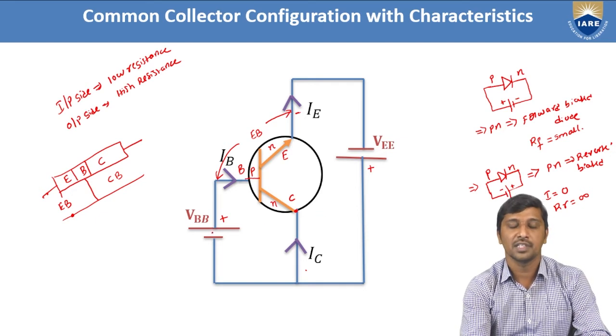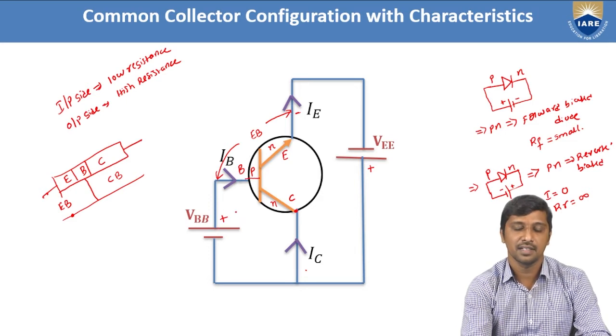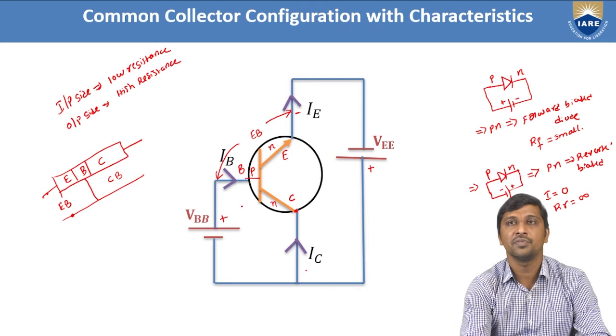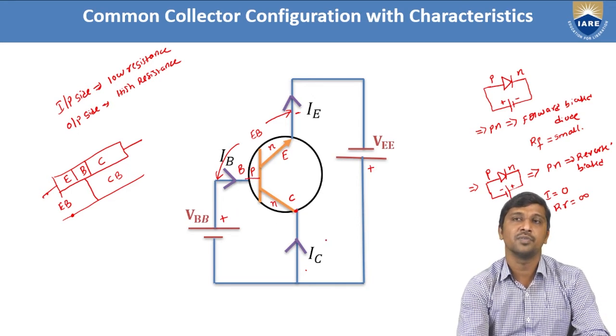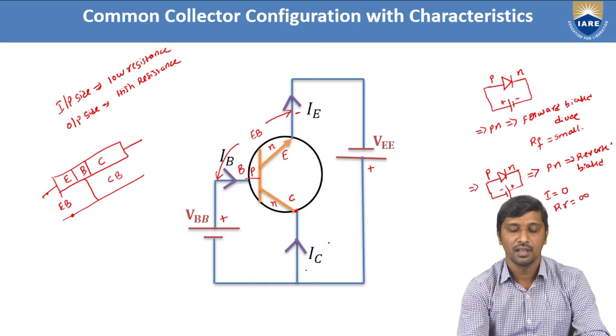And with respect to the biasing of VBB through this base terminal, the voltage across the emitter and base junction becomes forward biased. Hence the emitter-base junction offers very small resistance, and the collector-base junction offers very high resistance to satisfy the transistor operation.